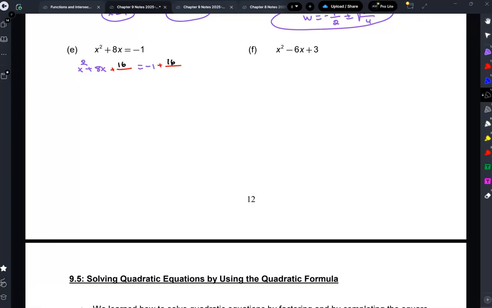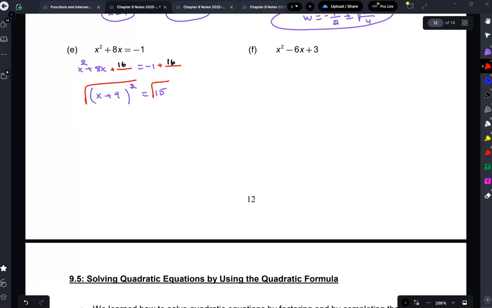Okay, can we factor this right off the bat? What goes in this parenthesis? X. What else? X plus 4. Positive 15.